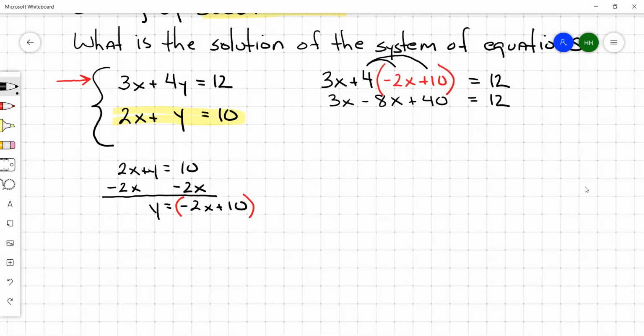And then we're going to combine like terms. So 3x minus 8x would be negative 5x. Plus 40 equals 12.